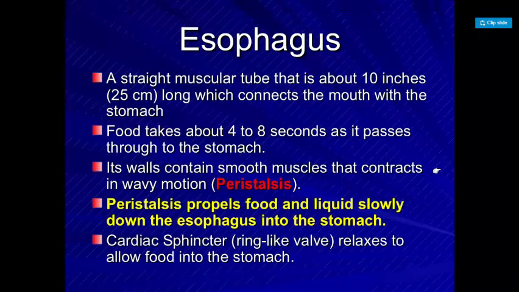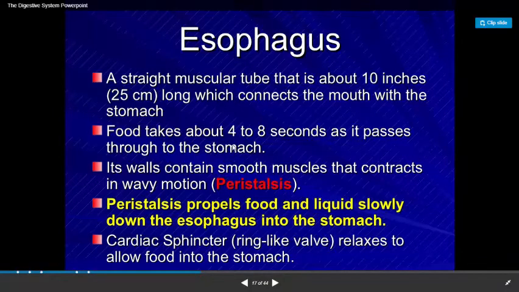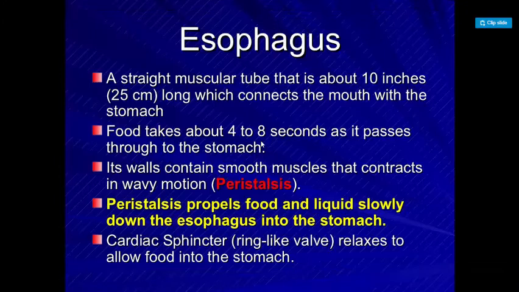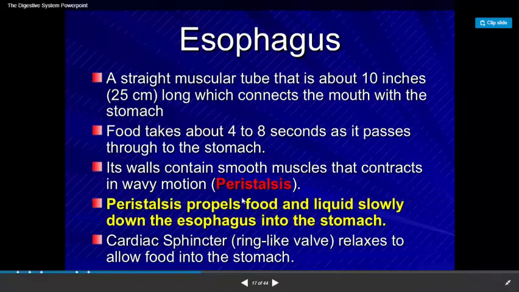The esophagus is the muscular tube which is responsible for connecting the mouth with the stomach. How long does your food take in your esophagus? 4 to 8 seconds. The muscles of the esophagus keep on pushing the food down by an action of smooth muscles called peristalsis.